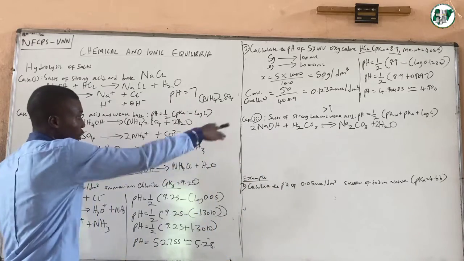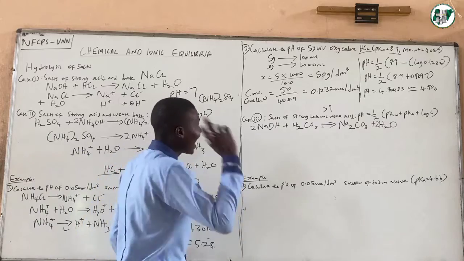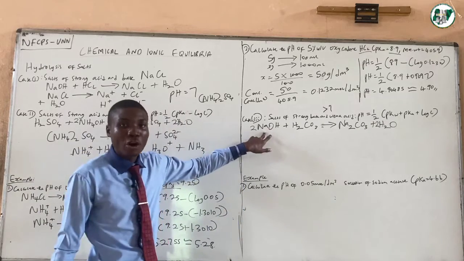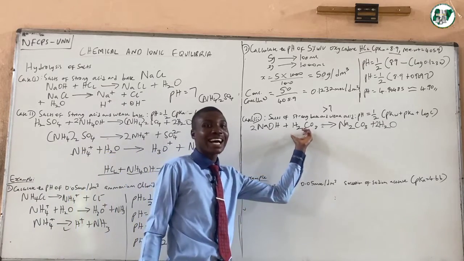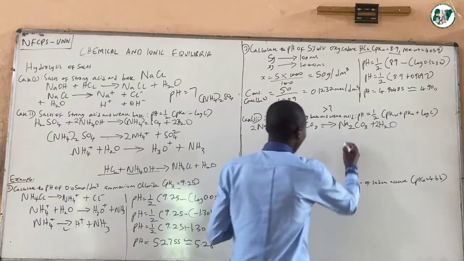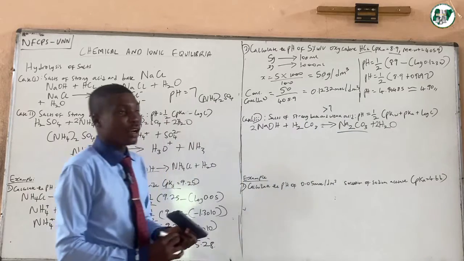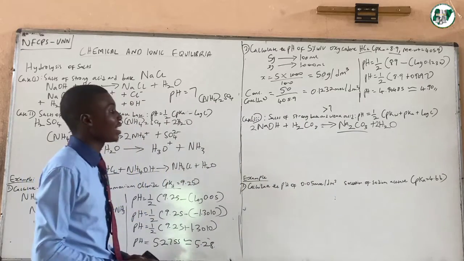There's no space for us to do that phasing. But the idea is that it's coming from a strong base and a weak acid to form Na2CO3.